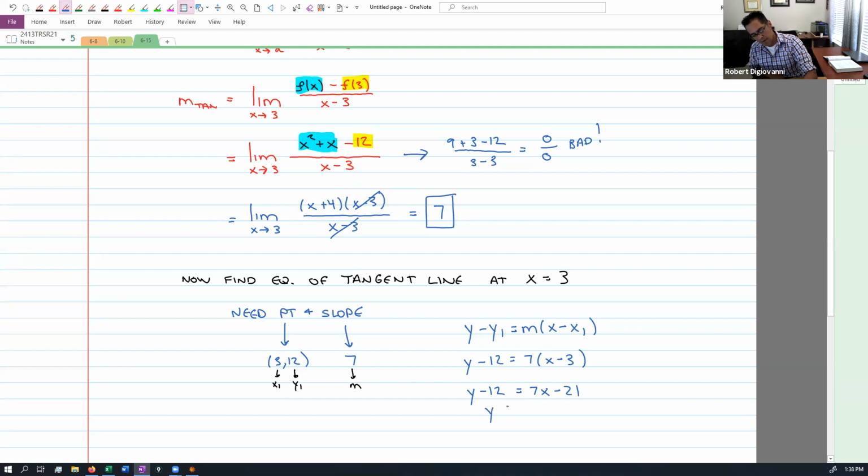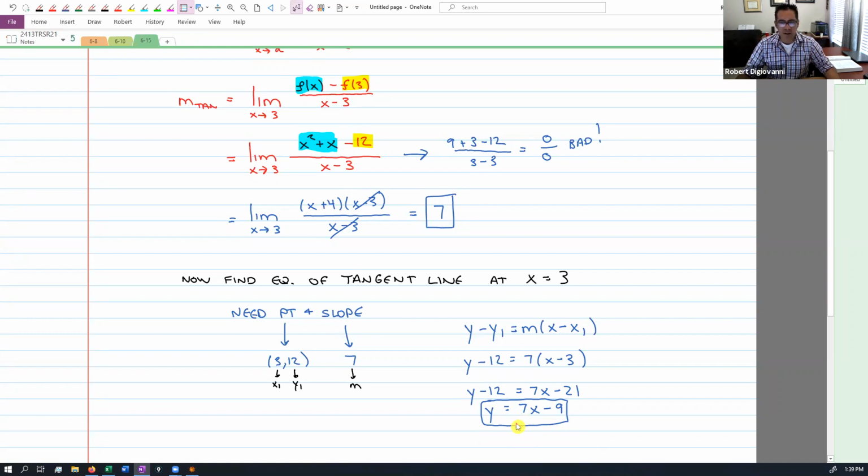And then y equals, let's add 12 to both sides, 7x minus 9. Any questions?